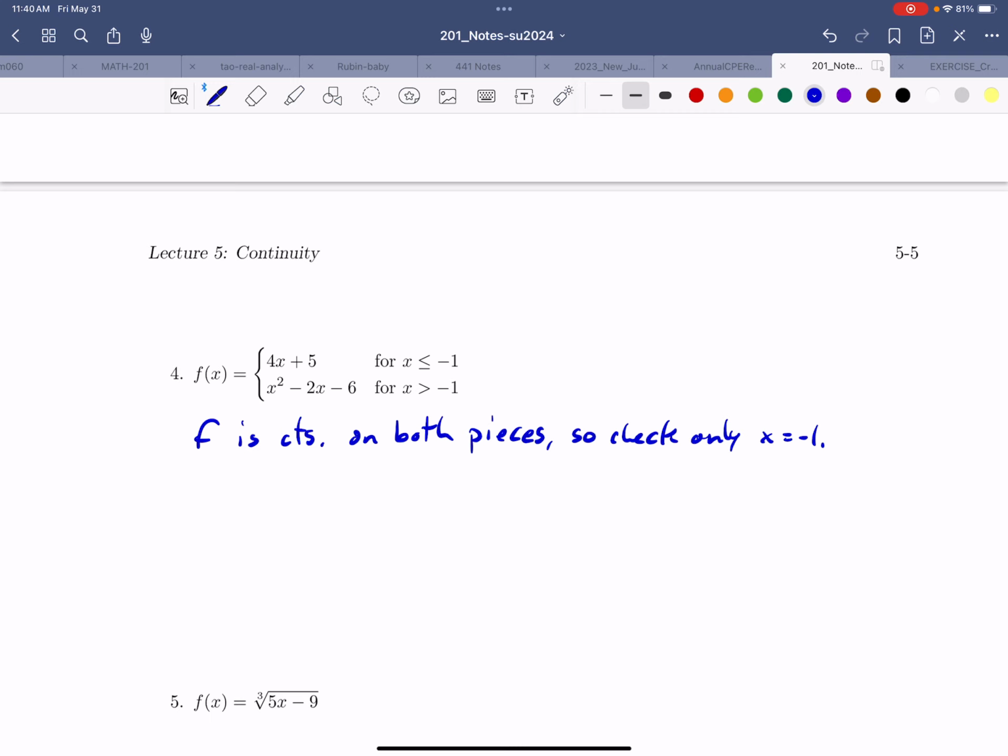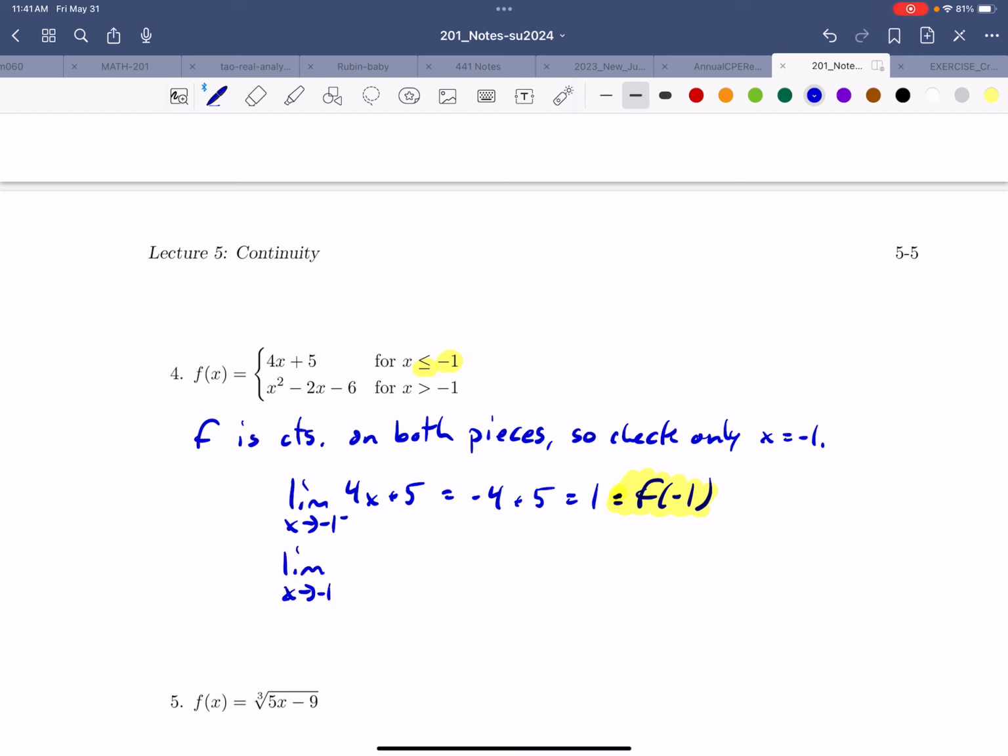So we're just going to look at the limit as x approaches -1. And let's just jump to from the left. That's going to give us -4 plus 5, which is 1. Which, again, equals f of -1 because f is defined at -1 accordingly.